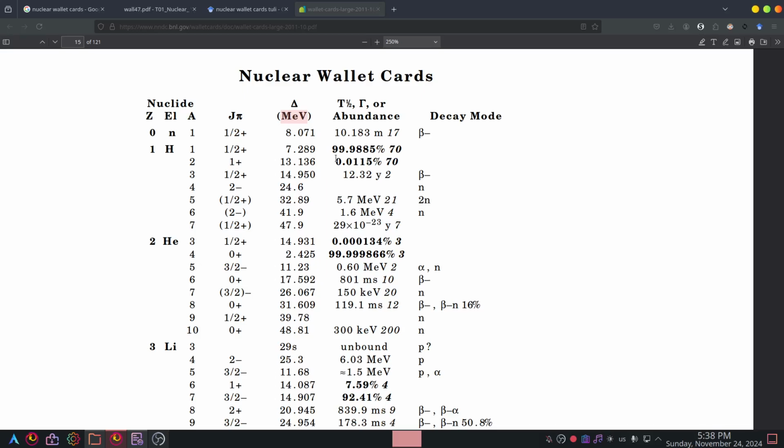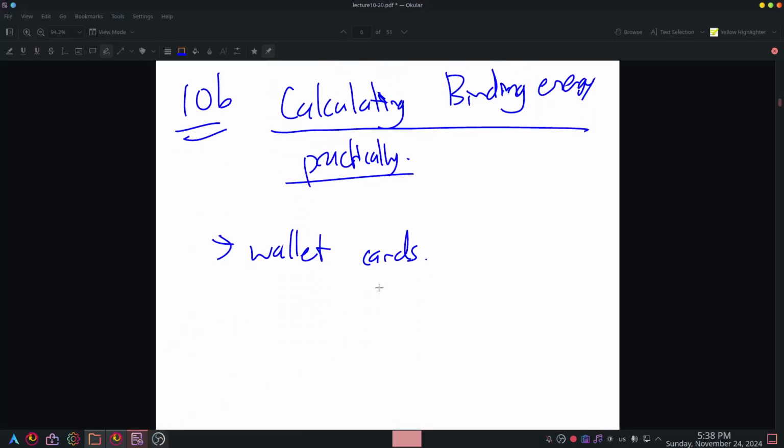So that's what you're seeing here. All the numbers here are in MeV, a unit of energy. 1 MeV equals 1.602 times 10 to the minus 13 joules.